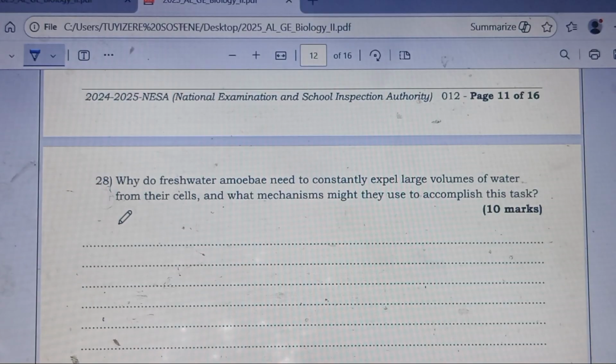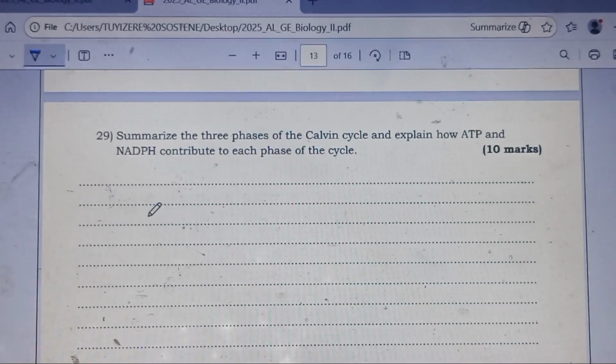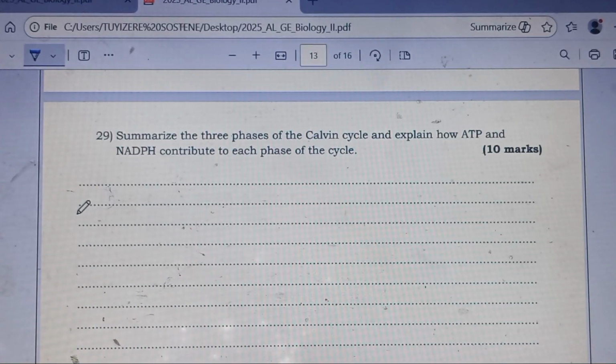So when the amoeba needs water, they may use the other kind, active transport, movement from a low amount of water to a high amount of water. That's question number 28. Then we will develop it according to the specific marking guide, which I will release as soon as possible. Please wait.